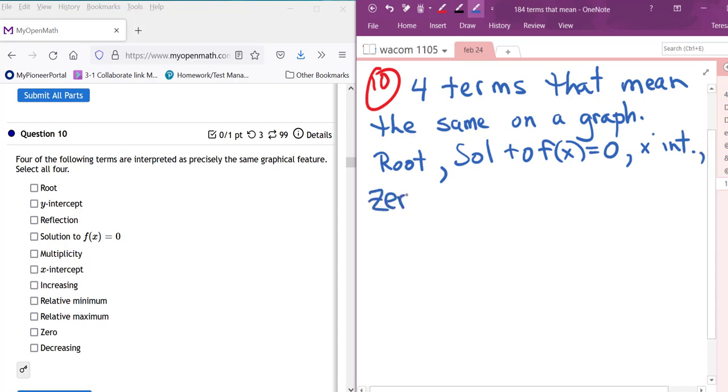And that is the term that your graphing calculator will use to help you find the x-intercepts. So the places where the graph crosses the x-axis, that is what all of these are. Roots, solutions, x-intercepts, or zeros. And you can interchange those words.